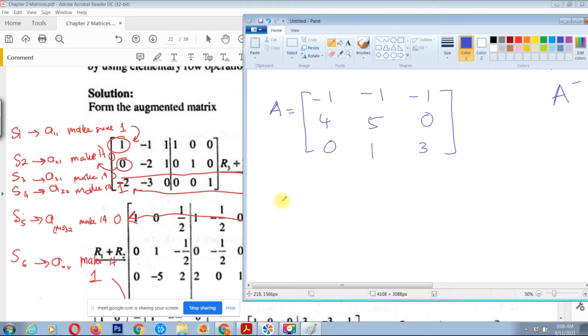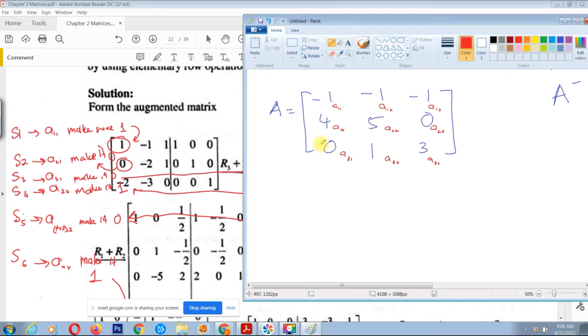So this is 11, A11, A12, A13, A21, A22, A23, A31, A32, A33. Okay, so now A11, first step is make sure this is 1.